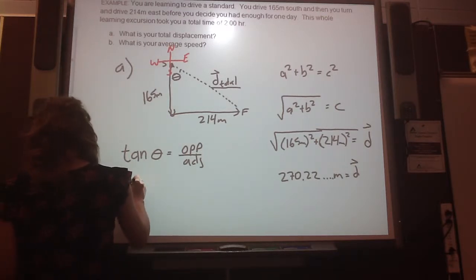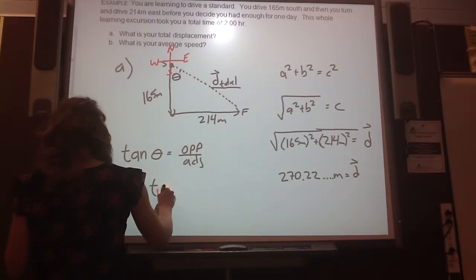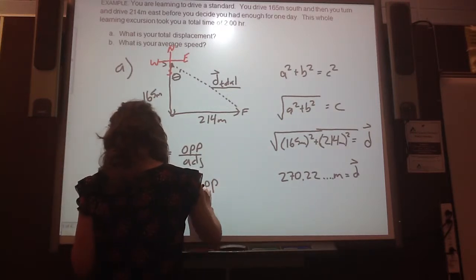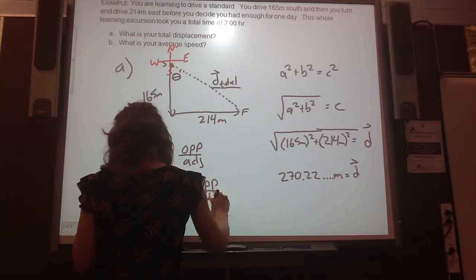So theta is equal to the inverse of tan times opposite over adjacent.